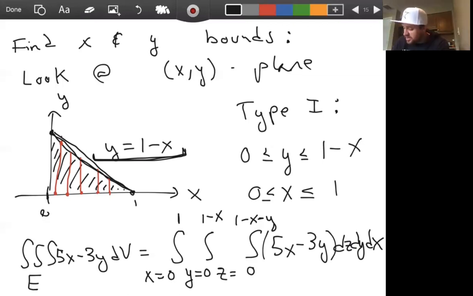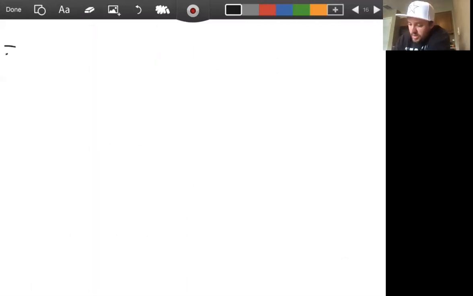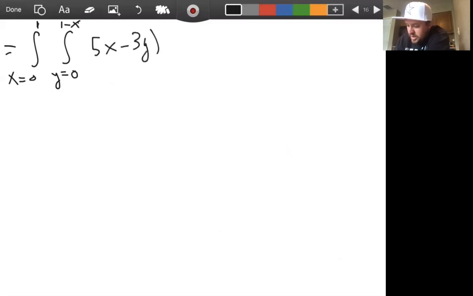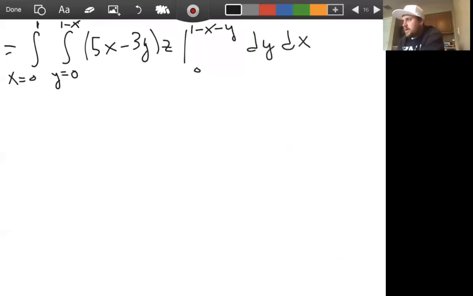So if we integrate this with respect to z, well, the entire term 5x minus 3y is constant with respect to z. And so the integral of a constant is that constant times the variable. And so this becomes the double integral, x goes from 0 to 1, y goes from 0 to 1 minus x. And then we have 5x minus 3y times z, where z went from 0 to 1 minus x minus y, dy dx.